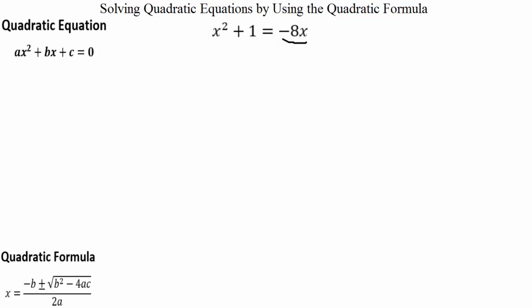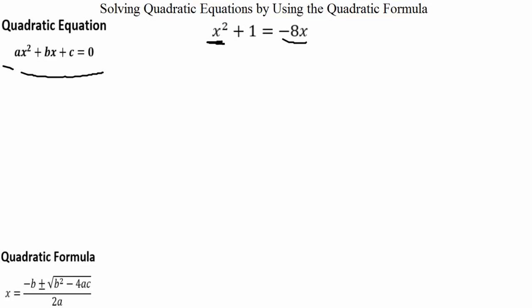Now, drawing our attention back to the quadratic equation I have over here on the left side of the screen. A quadratic equation is in the form ax squared plus bx plus c, and it's set equal to 0. Now, when we're plugging and chugging into the quadratic formula, it does need to be in the proper format. Our x squared term has to go first.